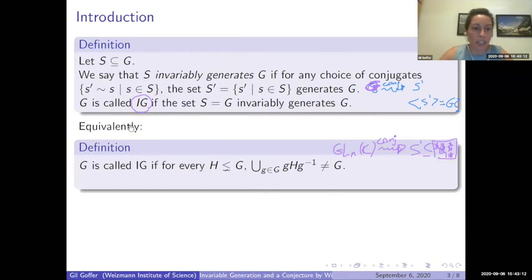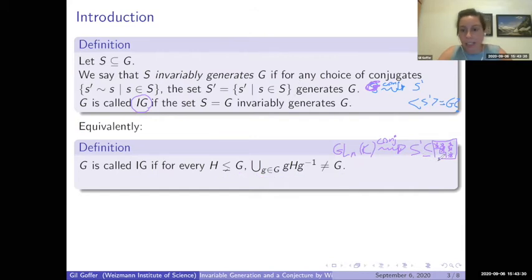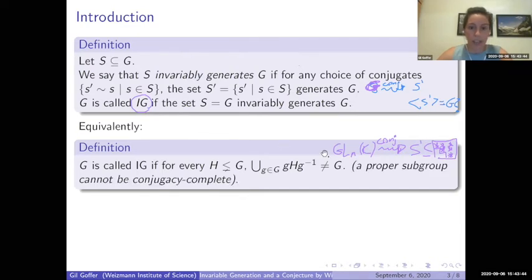So a group is IG if whenever you have a proper subgroup, it cannot intersect all conjugacy classes. Its conjugates do not cover the entire group G. By the way, a subgroup which does intersect every conjugacy class is called conjugacy complete. So in words, this second definition says that a proper subgroup cannot be conjugacy complete. The Borel subgroup in GLNC is a conjugacy complete subgroup. If you don't have such, then you are IG.